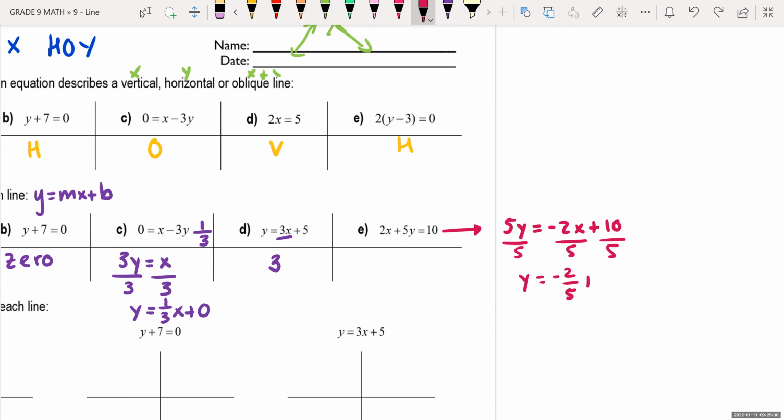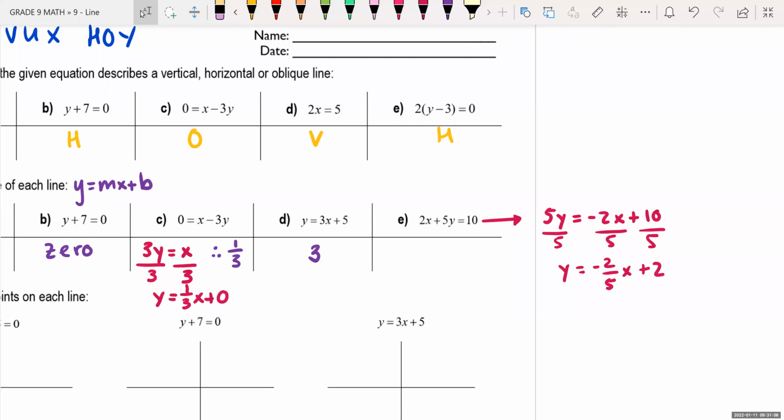Oh, I forgot the x. So I'm going to keep going. So I rearranged it. I got y is equal to negative 2 over 5x plus 2. And so our slope here is just going to be negative 2 over 5.